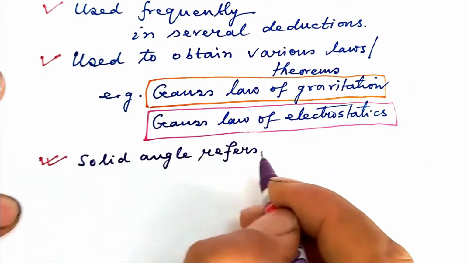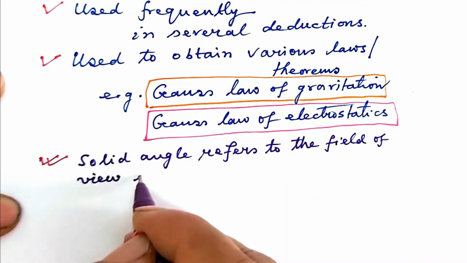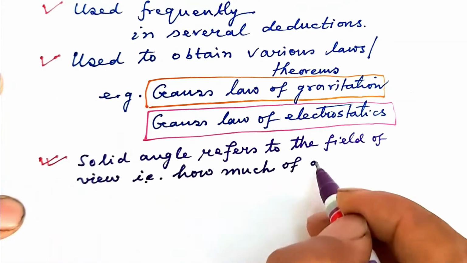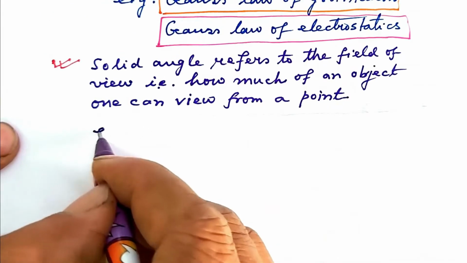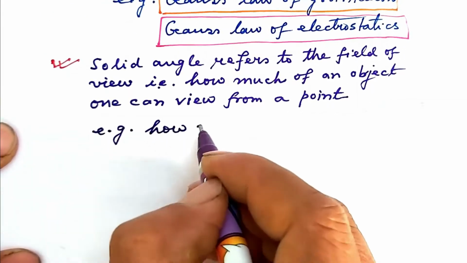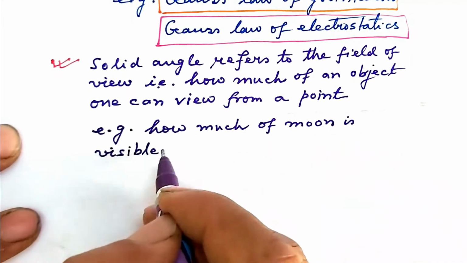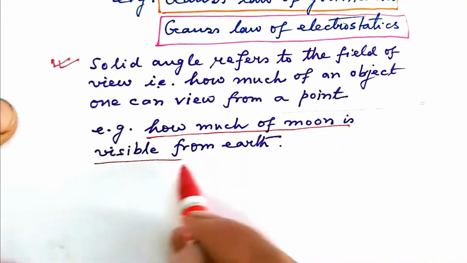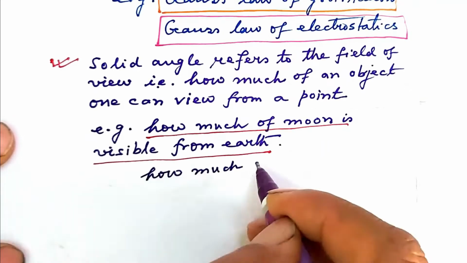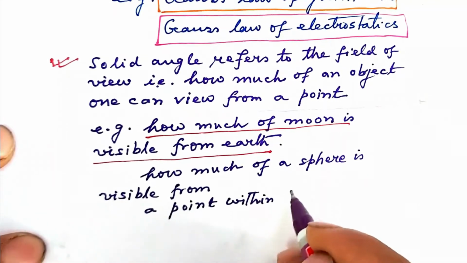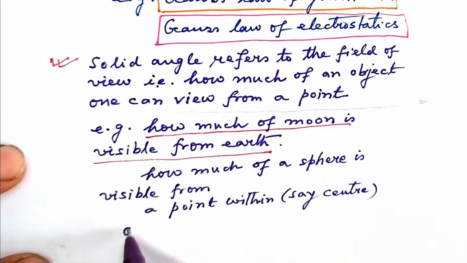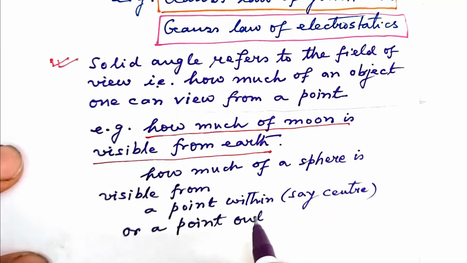Solid angle refers to the field of view, that is, how much of an object one can view from a point. As for example, how much of the moon is visible from Earth, or say how much of a sphere is visible from a point within the sphere, say from the center, or from a point located outside.